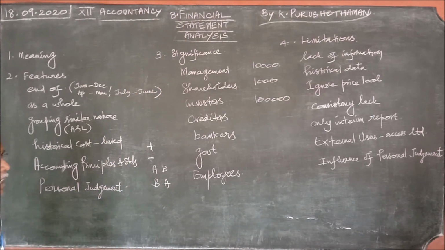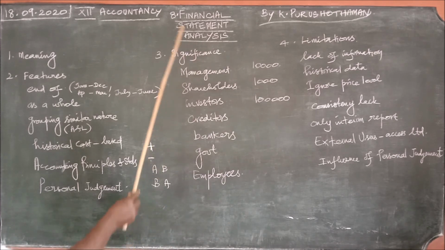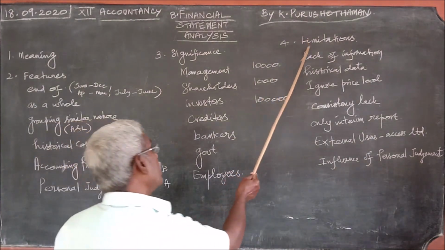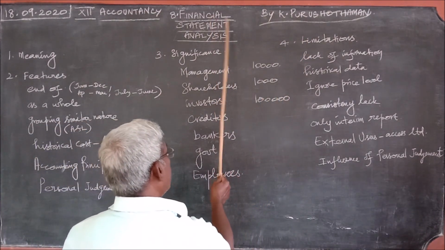Only the personal idea, the personal judgment will influence the preparation of financial statement. If one person prepares it, I will try to push my own idea into it. So my personal influence will definitely be there in the preparation of financial statement. That personal influence may be sometimes good, sometimes not good for the business. Therefore, it is one of the limitations of this financial statement.